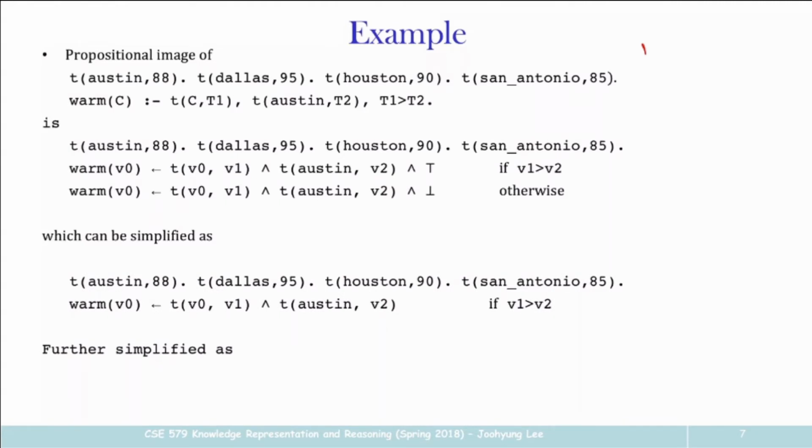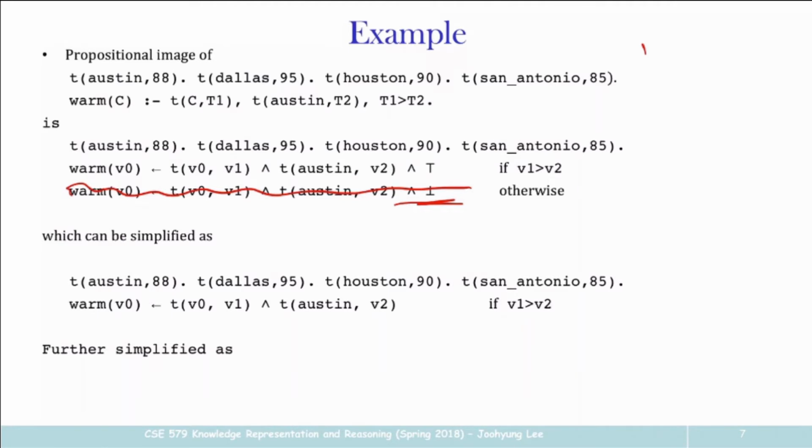One thing you will notice is the rule that has bottom, where V1 is not greater than V2. This substitution will result in bottom, right? This rule is actually harmless, because if the body has bottom, the body cannot be satisfied, so it is okay to disregard this rule.